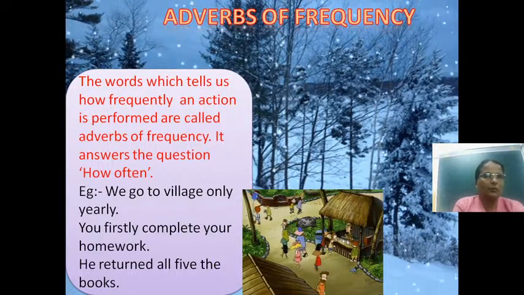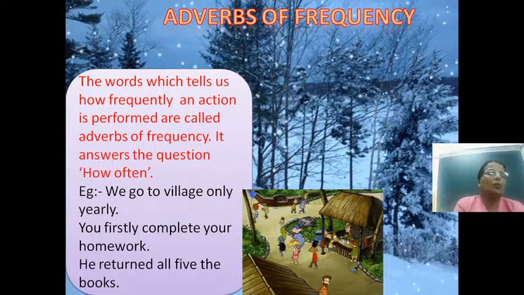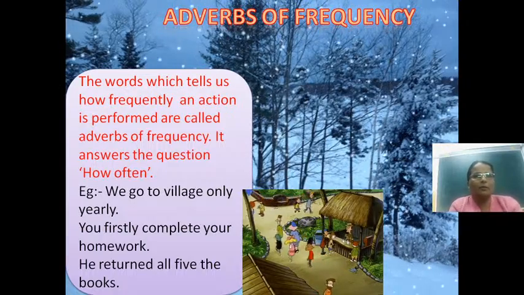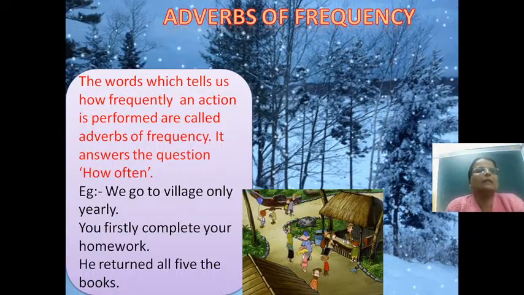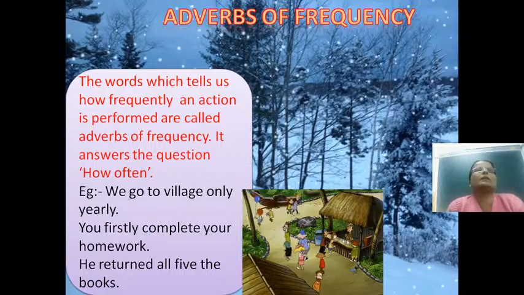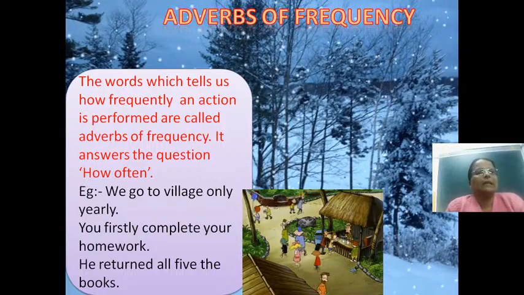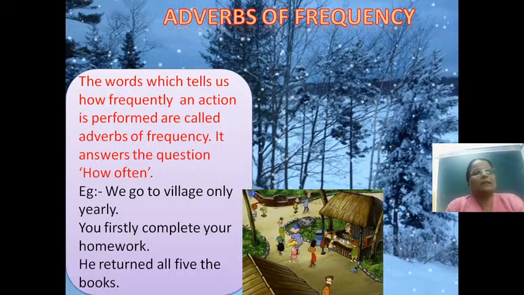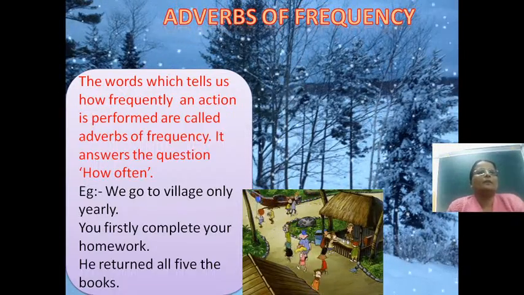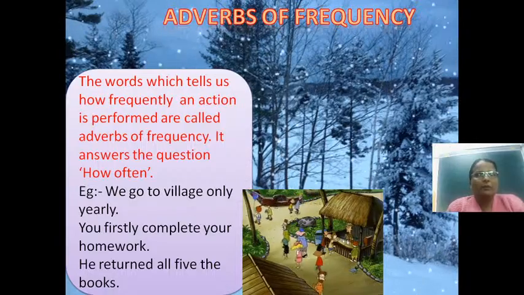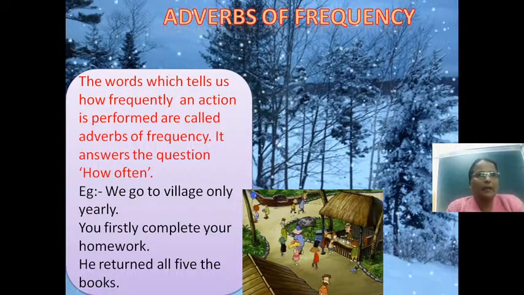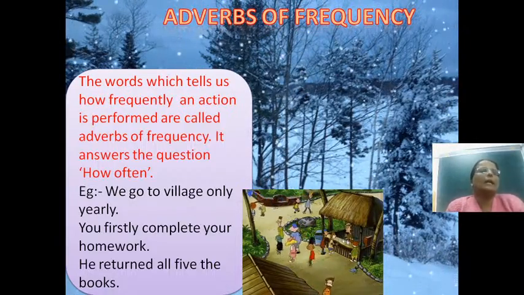It answers the question how often. We go to village only yearly or annually, we can say. Sometimes we do the actions repeatedly. Sometimes we do very rarely. So this adverb of frequency tells how many times we perform an action.